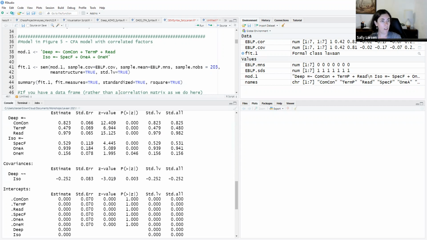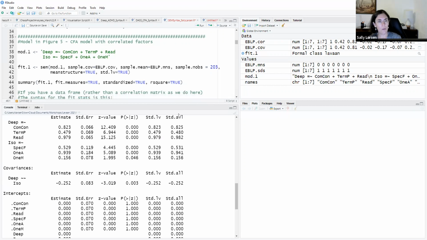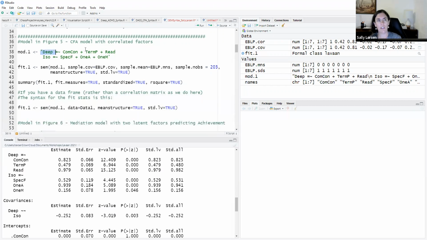You might notice that in the actual model, we did not tell lavaan to generate that covariance. That's one of the features built into lavaan, that it will generate those covariances between exogenous variables in the model. You can tell it not to, but in this case, we've left it with the defaults and it gives you that covariance between the 2.